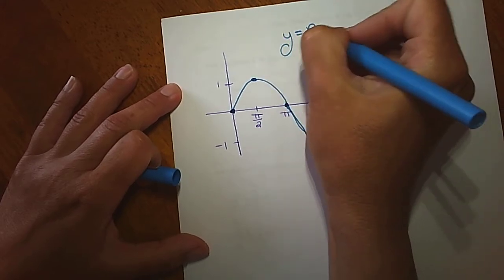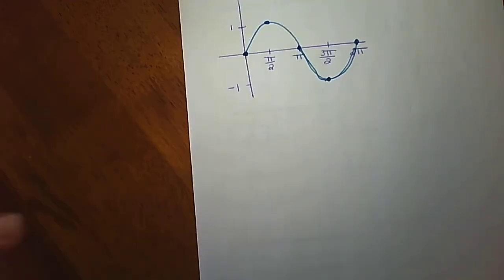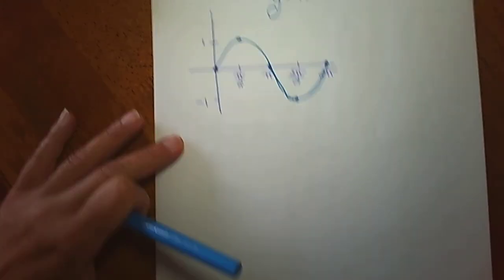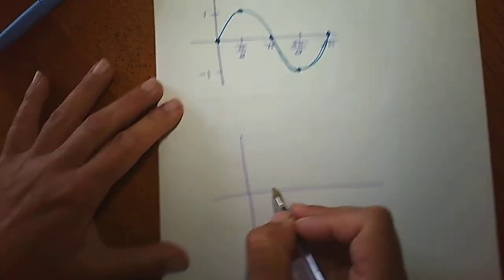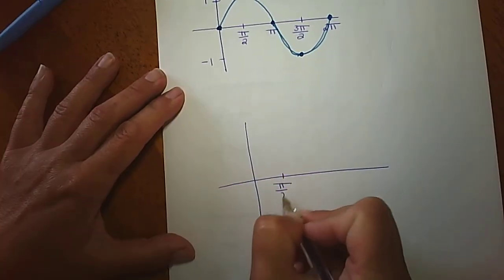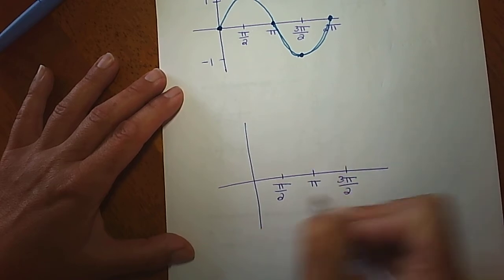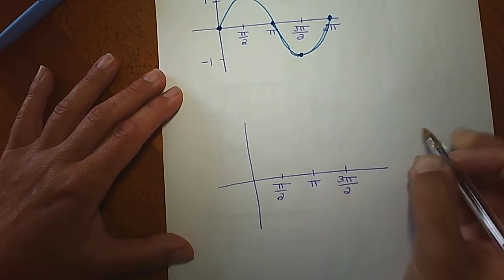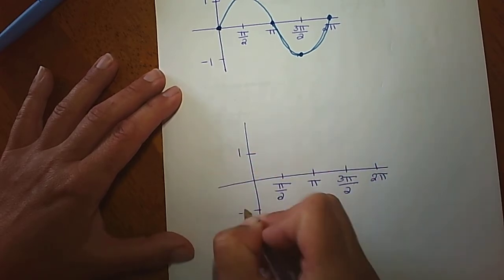Y equals A sine BX. So that's the sine curve. Again, it's going to be pi over 2, pi. These are the unit circle points, so 90, 180, 270, 360, 1, negative 1, right?